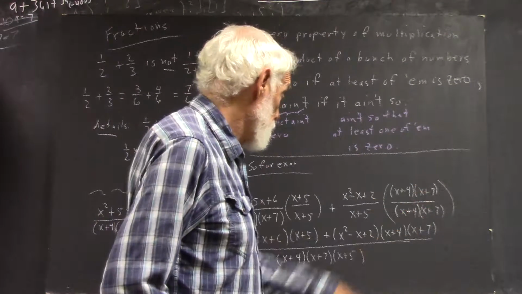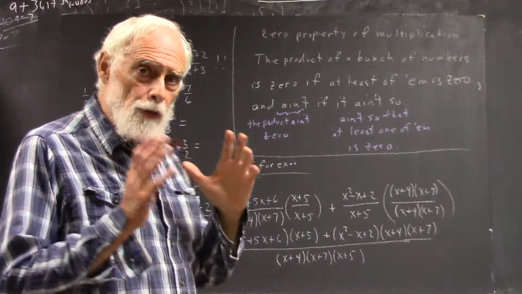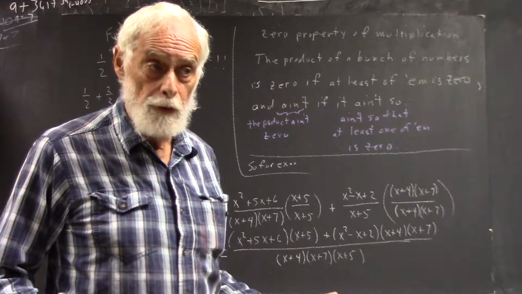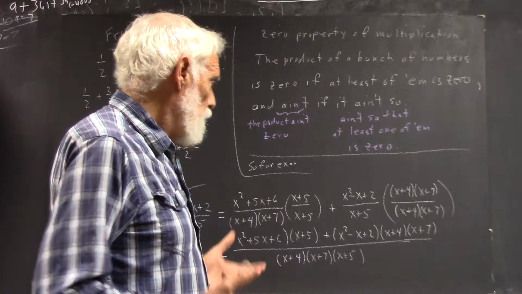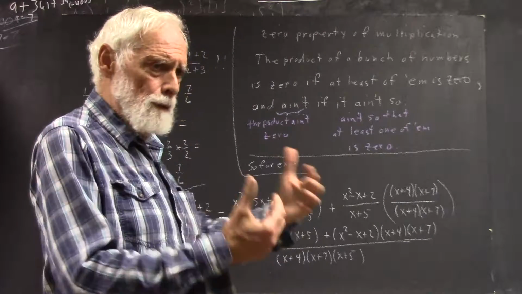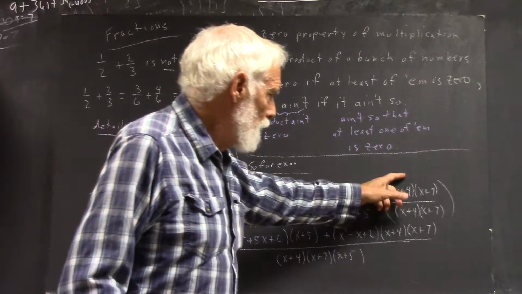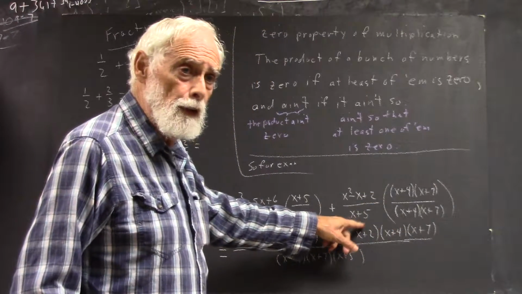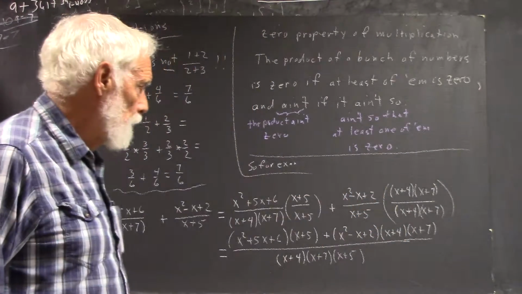So we do this. Now, it's important to know that that's what you do, so you're sure that you're doing what you need to be doing, that you know that you're multiplying by something that's equivalent to 1, so that you're not changing the value, you're just changing the way the expression looks.